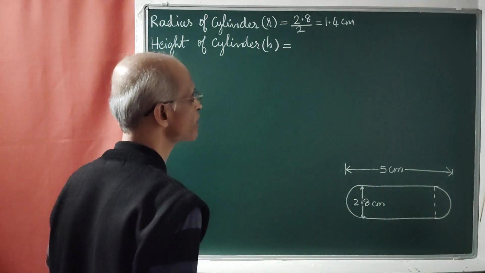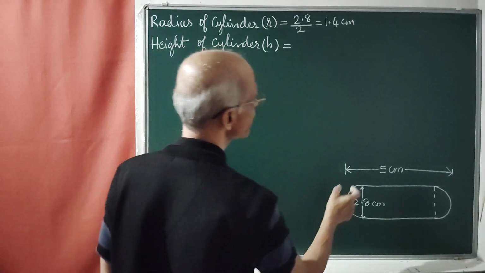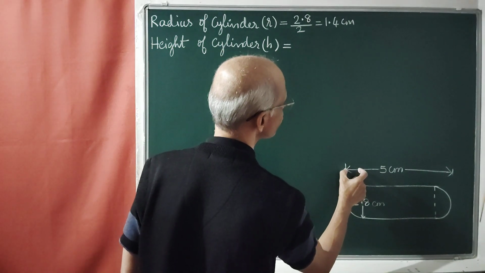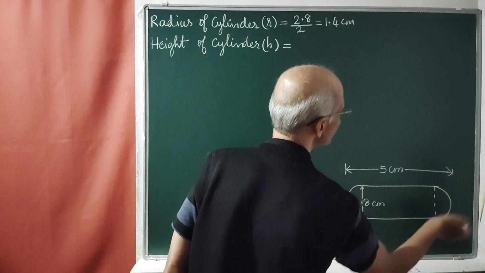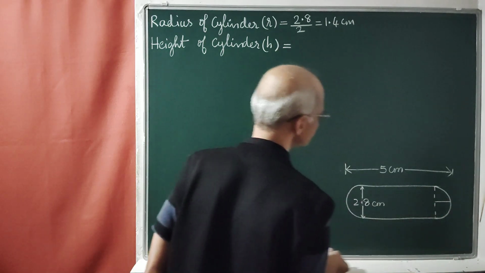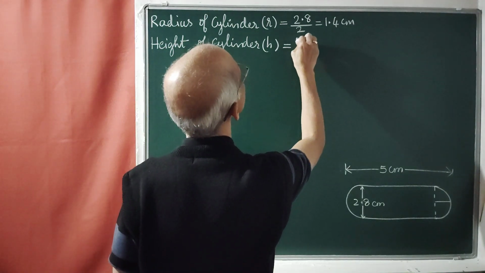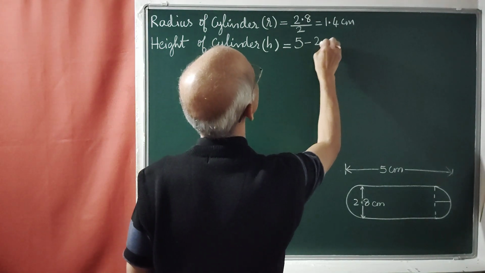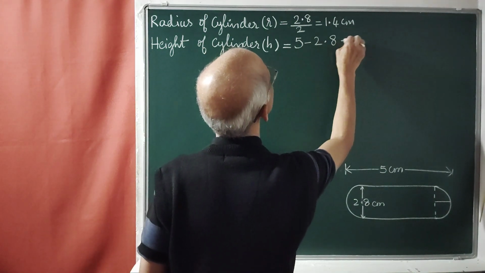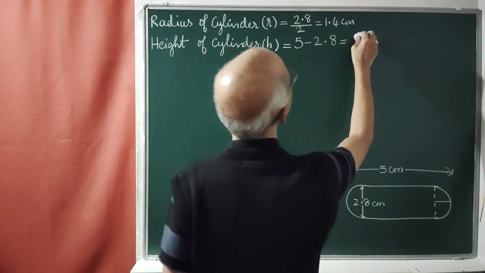Totally we have to subtract 2.8. From this side we have to subtract 1.4, from here you have to subtract 1.4. This length you have to subtract both sides. So 5 minus 2.8 will be equal to 2.2 centimeters.